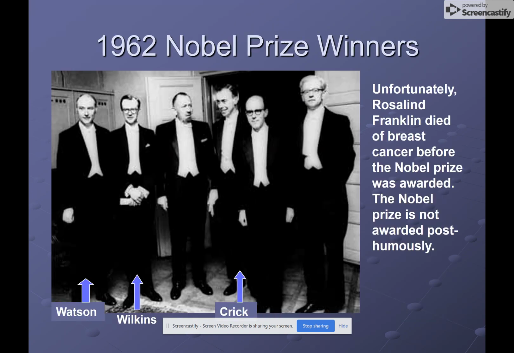And so here you see Watson and Crick and Wilkins, who was working with Franklin at the time. Unfortunately, she died due to breast cancer before that Nobel Prize was awarded, and the Nobel Prize is not given out after death. So she really does not get credit for any of the work she has done up until late.